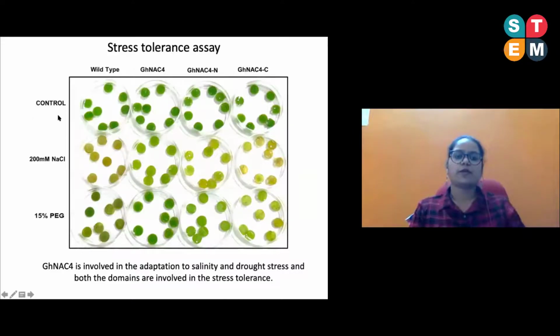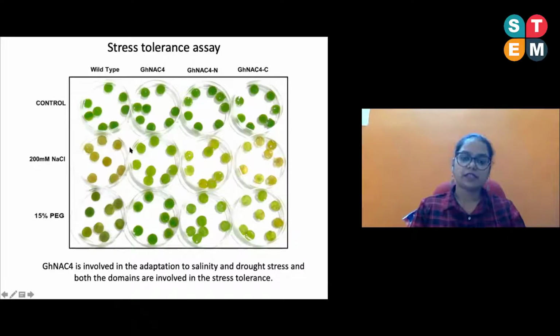Next, we performed what is called the leaf disc assay to analyze the stress tolerance capabilities. In this assay, leaf discs of the transgenics and the wild type plants were floated on different solutions for 4 days, and then the biochemical parameters were analyzed.